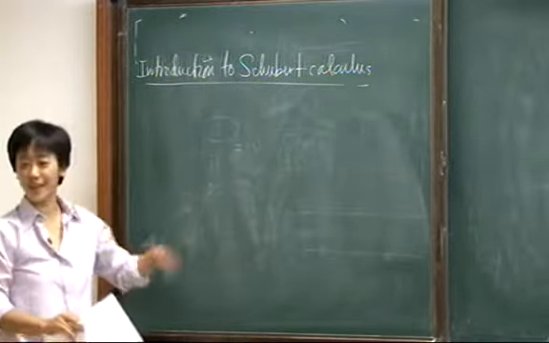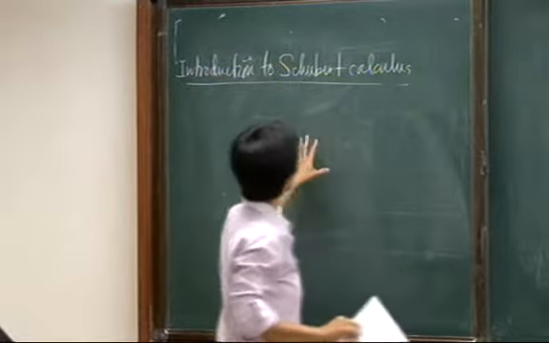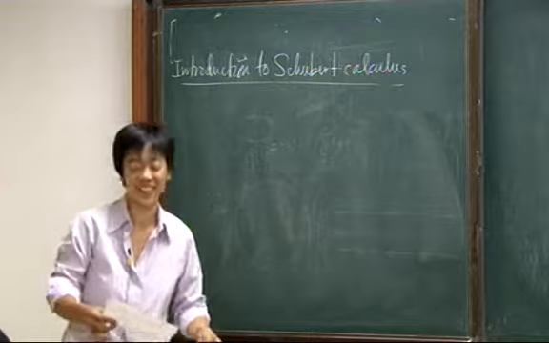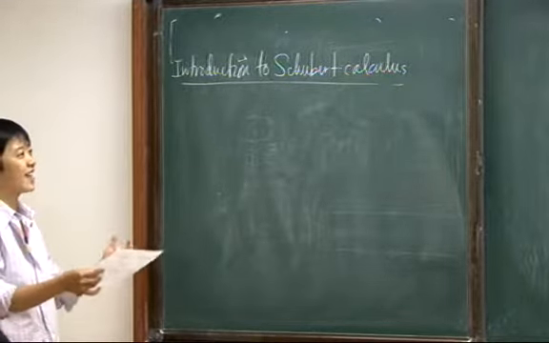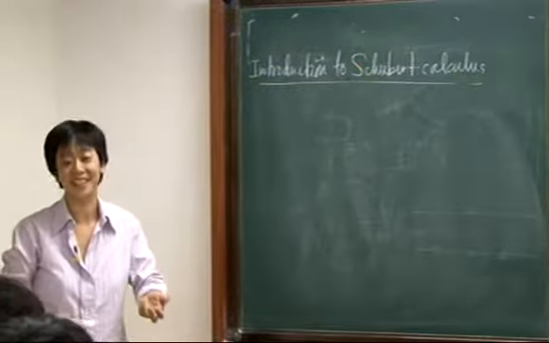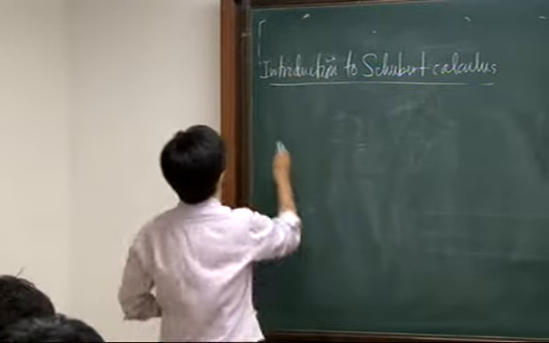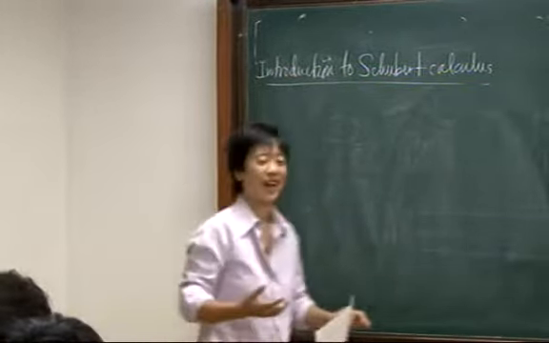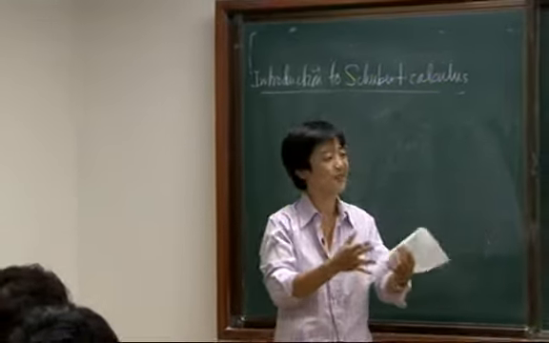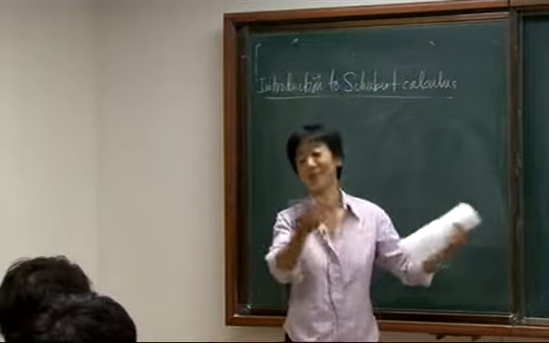So before I do anything else, I would like to place Schubert calculus into context, if you like. How can one think about it? How does it relate to other areas that maybe you are already interested in? As I was thinking about how to say that, there were two different ways I could say it, and I think they are both useful, so I will say both of them.